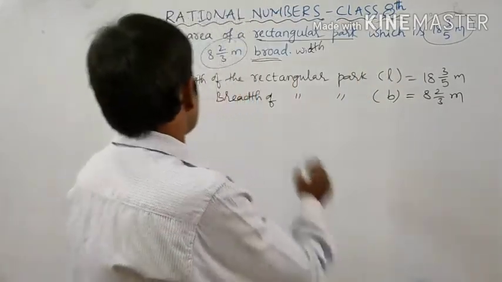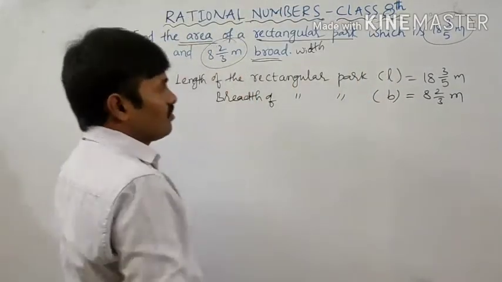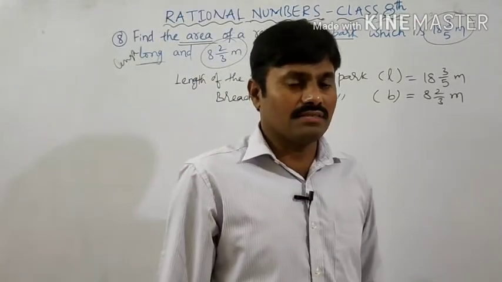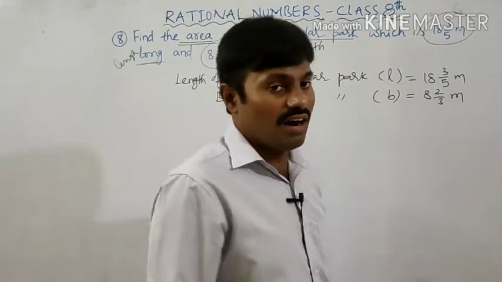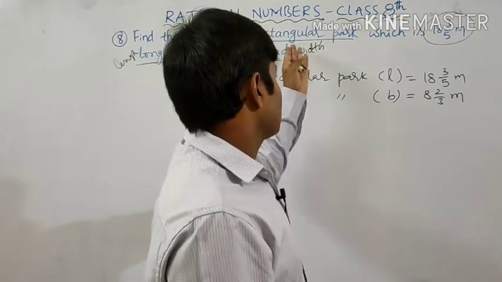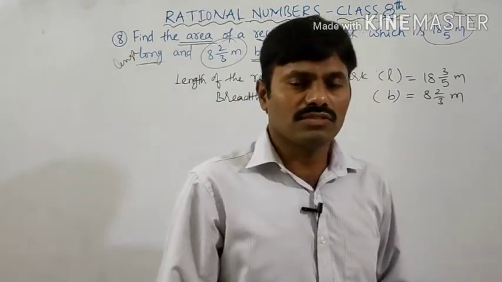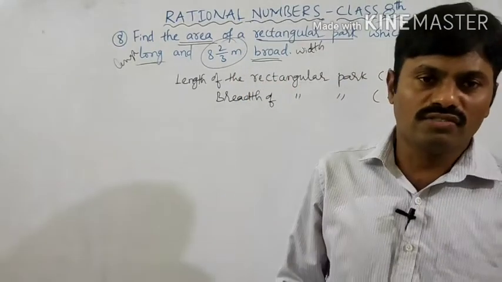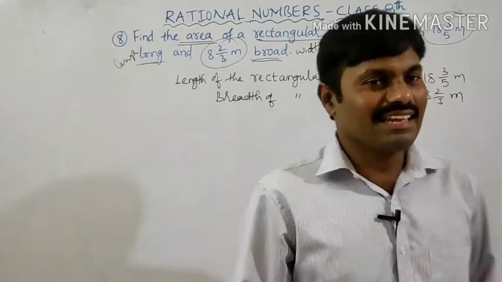Now they ask us to find the area of the rectangular park. Generally we know the formula to find the area of a rectangle is length into breadth.